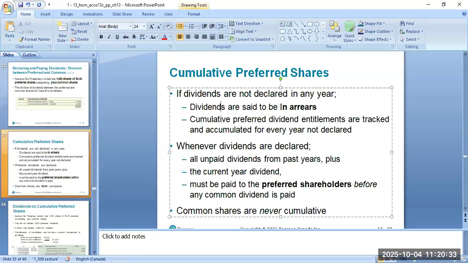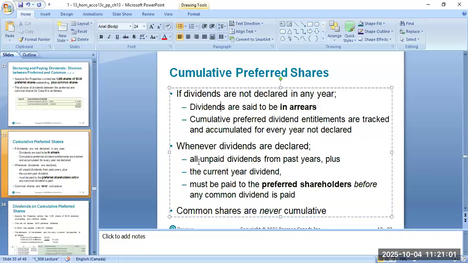Anytime you see the term in arrears, it means that we're dealing with preferred shares which are cumulative, and they have to receive dividends from the previous years. When the dividend is declared, first we're going to pay the dividend on the preferred shares for any of the previous years.